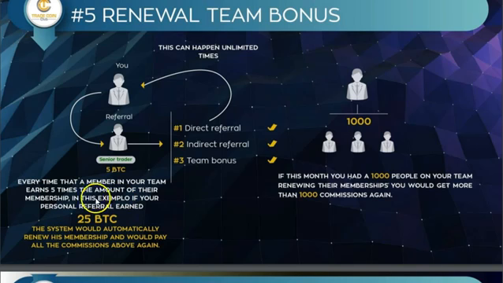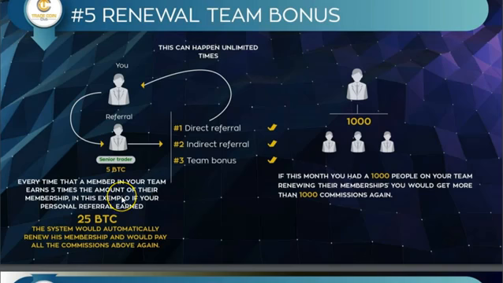Let's say your personal referral came in at the senior trader level, which is 5 Bitcoin. Well, every time they earn 5 times, which is 25 Bitcoin, their membership automatically renews, guys.